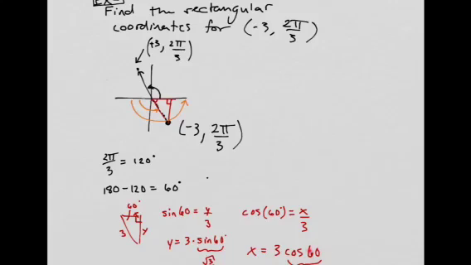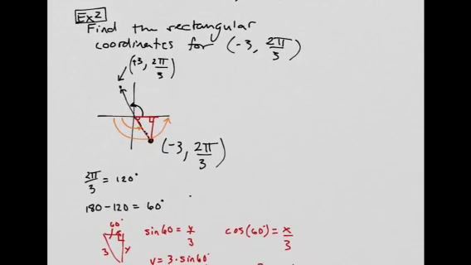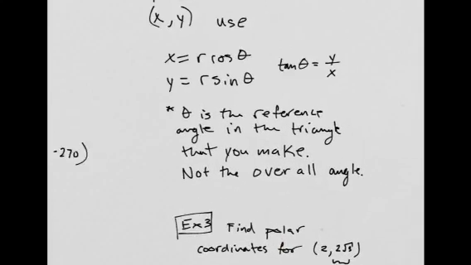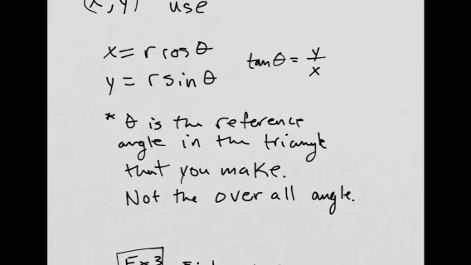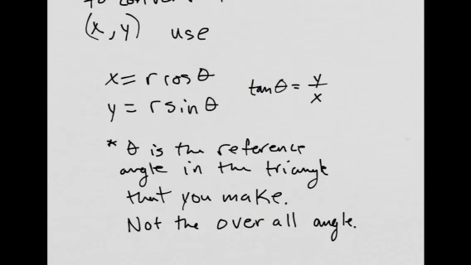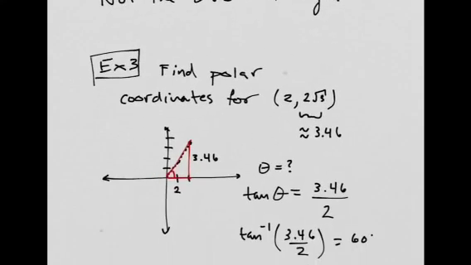The angle that we use here is not the same as that angle. This angle, which is here, is from the triangle that you draw. So theta is the reference angle in the triangle that you make, not the overall angle. So that's important to know. Tangent is just y over x. It's just defined. I'll show you that in a little bit.